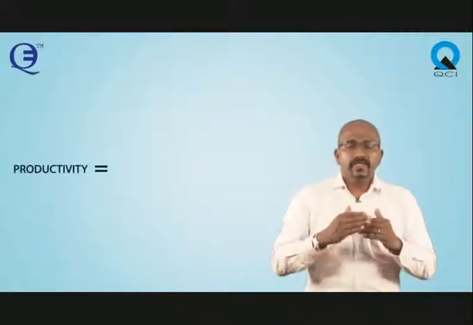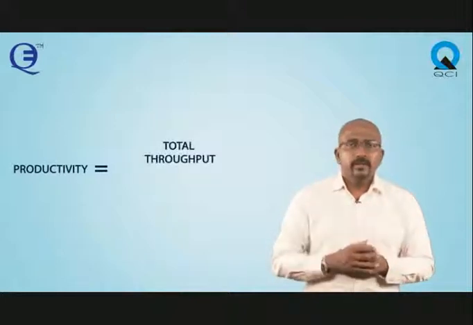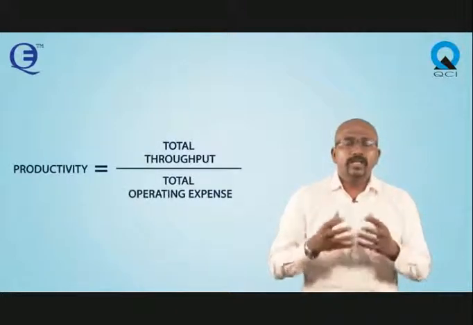Here is just simple productivity. Productivity is defined as total throughput generated divided by the total operating expense, or rather just operating expense, because operating expense means total expenses.